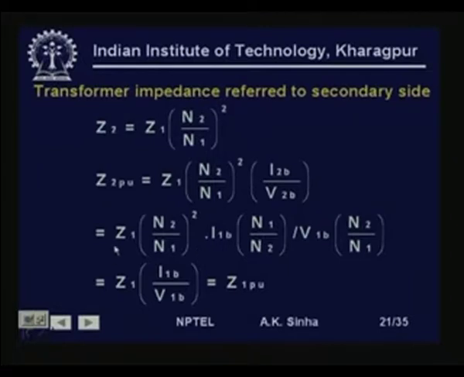This, again substituting the values, we have Z1 into N2 by N1 squared into I1 base into N1 by N2. For I2 base we can write, and divide by V2 base, which can be written as V1 base into N2 by N1, which finally comes out to be Z1 into I1 base divided by V1 base, which is equal to Z1 per unit.